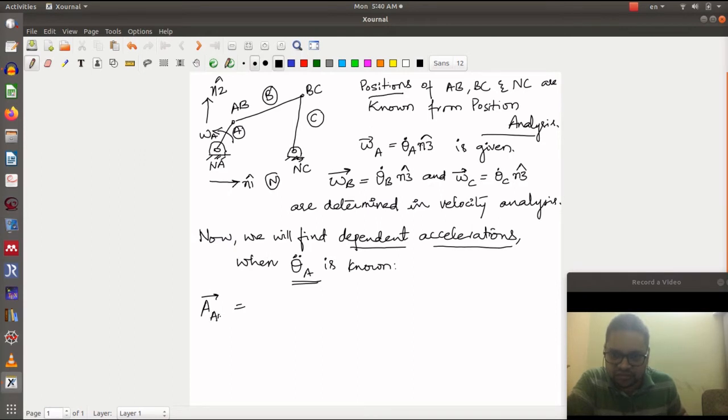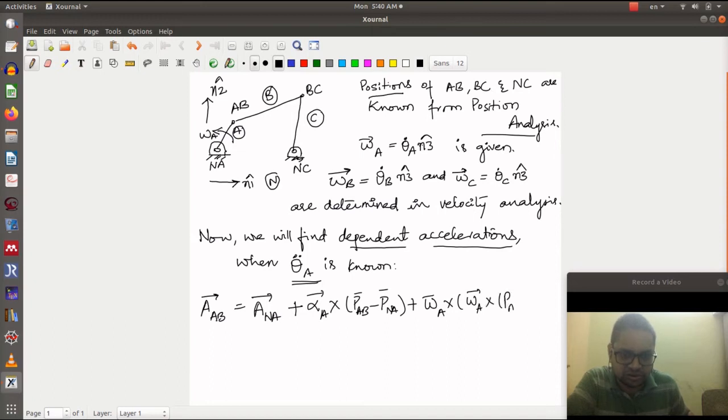Acceleration of AB is acceleration of NA, which is basically 0, 0, 0, plus alpha A cross position of AB minus position of NA, plus omega A cross omega A cross position of AB minus position of NA.